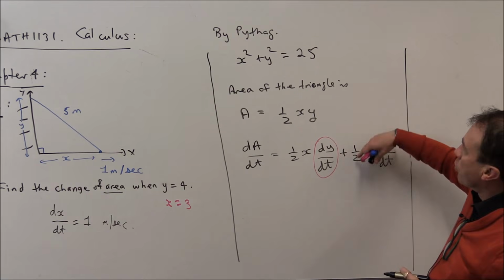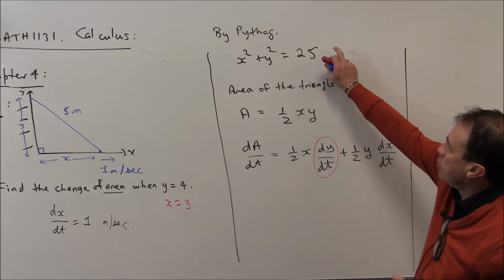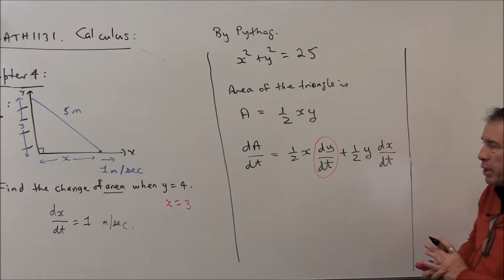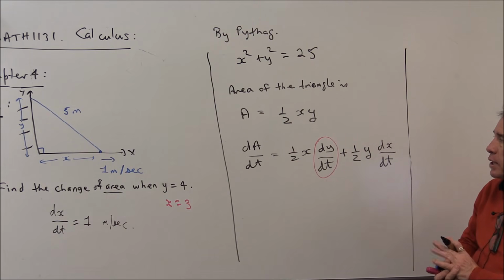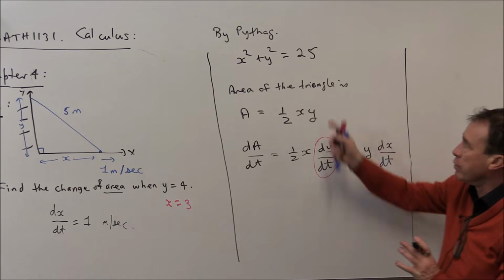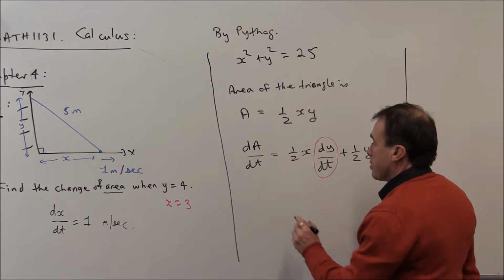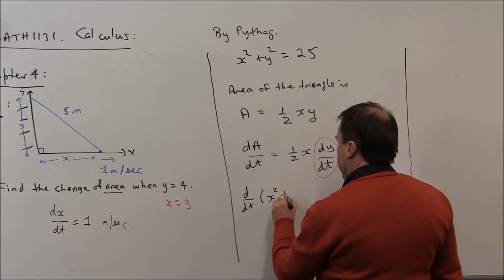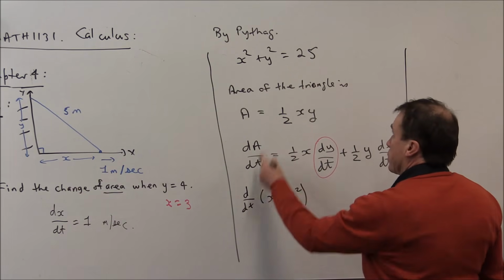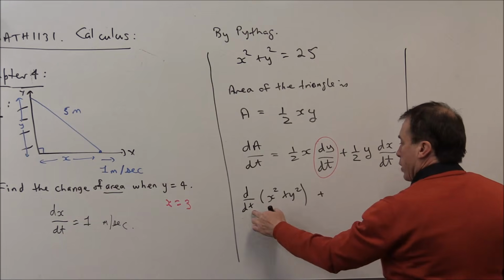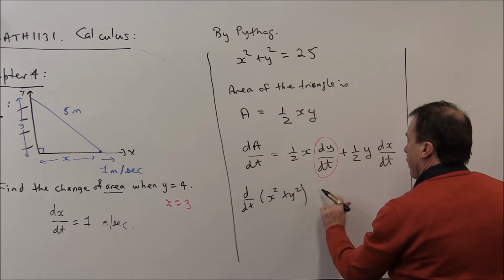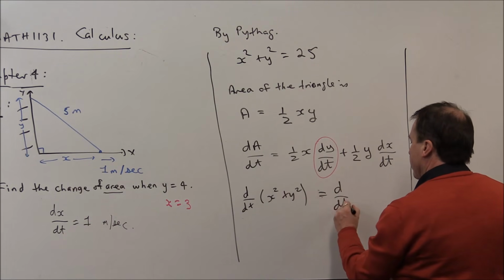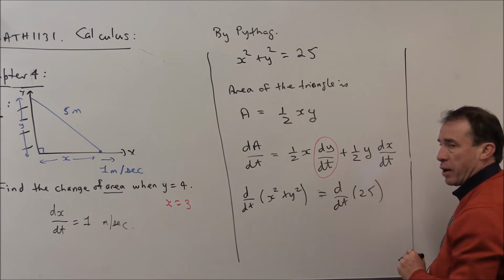So I'm going to look back and see how I might use the Pythagoras result up here in order to calculate dy/dt. I'm going to take the formula we got from Pythagoras' theorem, and I'm going to differentiate both sides with respect to t. So I take the derivative of x squared plus y squared with respect to t, and that has to equal the derivative with respect to t of 25.